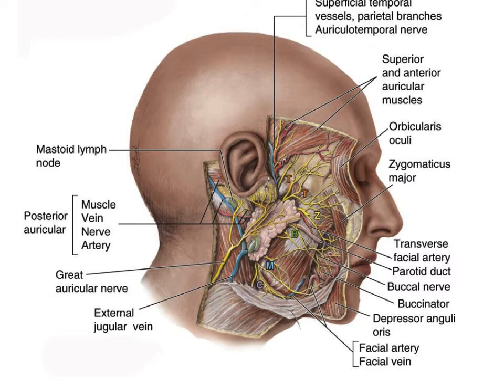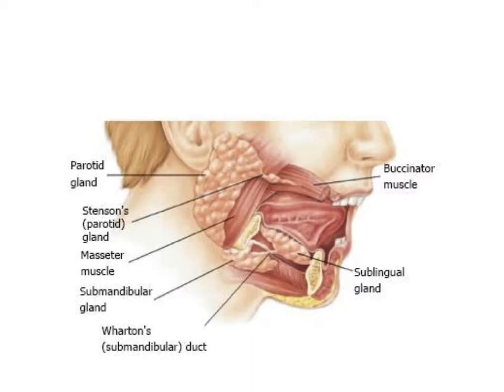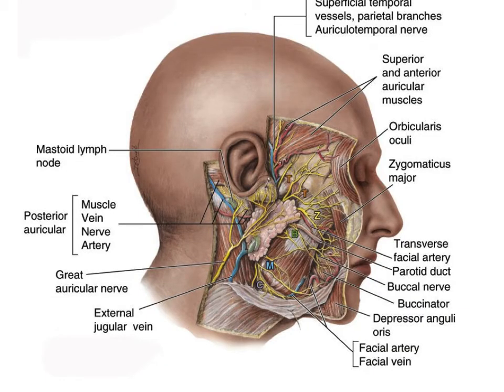So these are the branches of the facial nerve. If you look here, the superficial part of the parotid gland is on top of the facial nerve. Then when you take it out, you can see the deep part of the parotid. The facial nerve is on top of it.